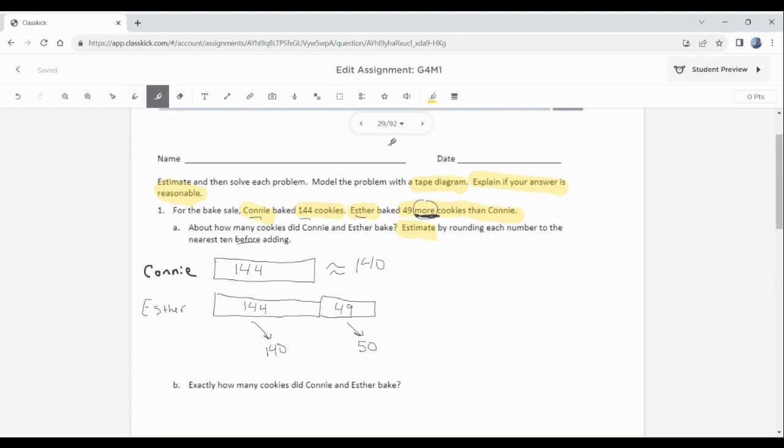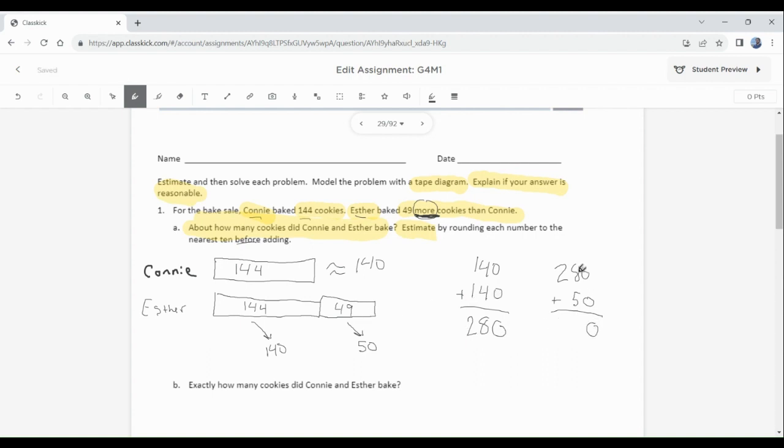So, about how many cookies did Connie and Esther bake? We're going to have to add these numbers up. So we're going to do 140 plus 140 plus 50. I'm going to add these two first. That makes 280, and now I'll add 280 plus the additional 49 that we're rounding up to 50 cookies that Esther made in addition to Connie's 144, which we're rounding to 140.